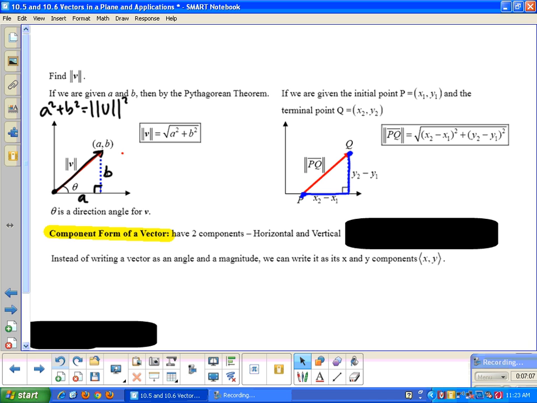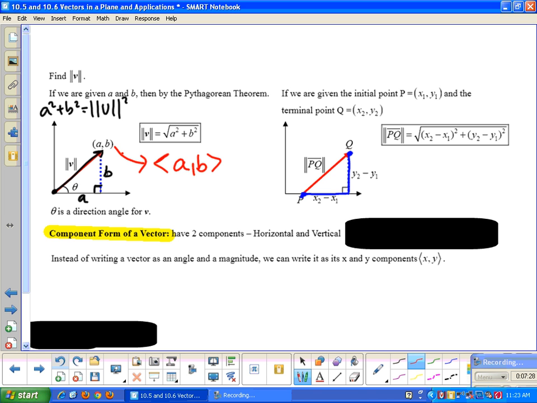Now, there is another way that we can write vectors using our horizontal components and vertical components. The component form for a vector, for the first one that we have right here, we would write with these little arrows. So ⟨A, B⟩ would denote the vector AB. And we could of course do the same thing with the other vector as well.